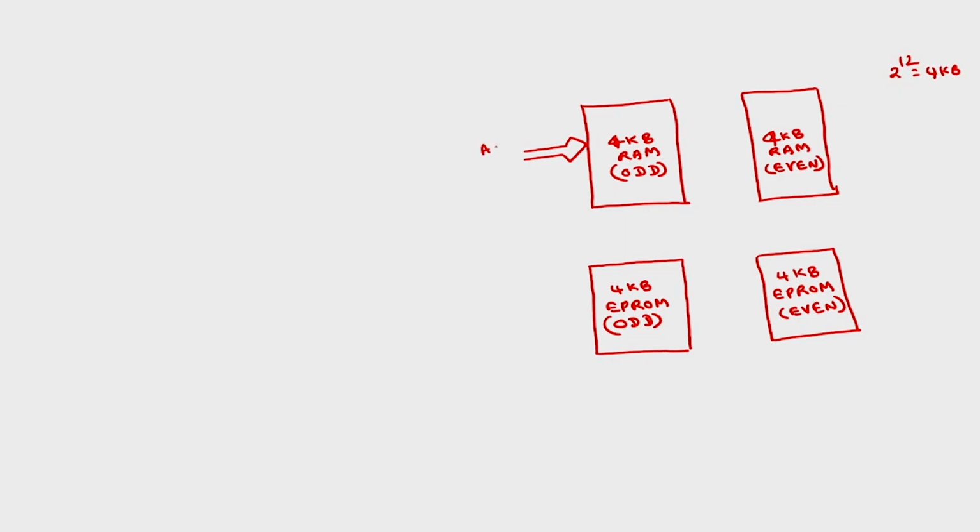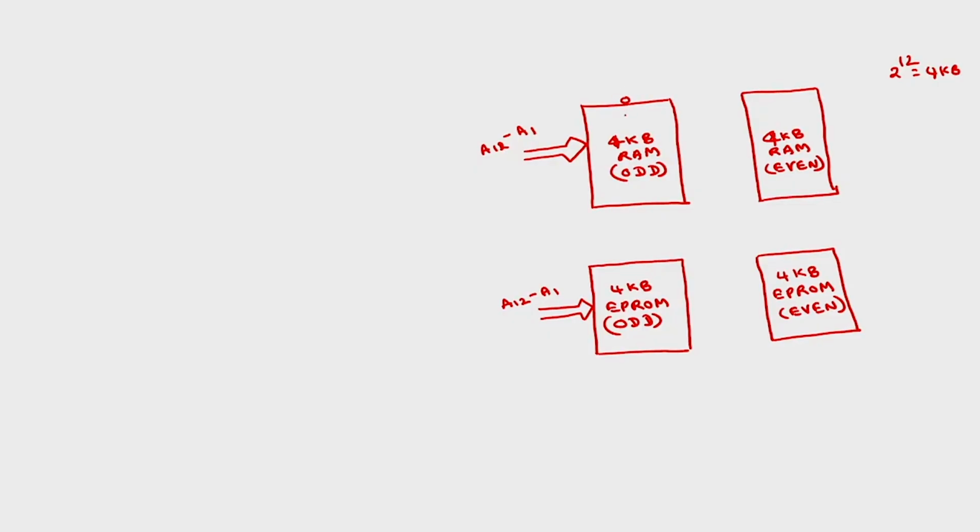So this is A12 to A1, 1 to 12, total 12. Similarly here also we will have A12 to A1. Why have we not used A0? A0 we will use to select the banks.